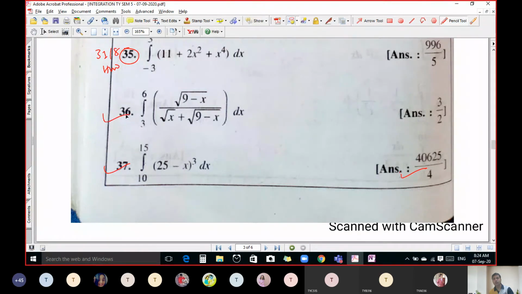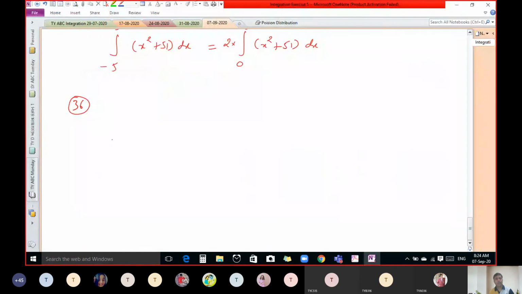Very important question. Always this type of question is there, at least in our RJT exams. Integration from 3 to 6 of root(9 - x) upon root(x) + root(9 - x) dx.